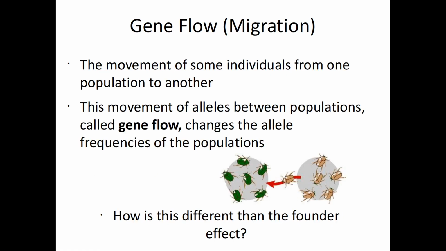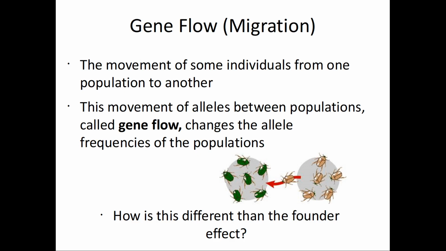All right, gene flow or migration. This is sort of the opposite of the founder's effect. This is where you start having the movement of organisms from one population to another population, and with them, they carry genes. So these new individuals mate with individuals in the new population, and we begin to see an increase in alleles, and possibly a change in the allele frequencies of the new population, right?